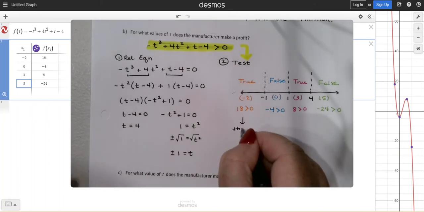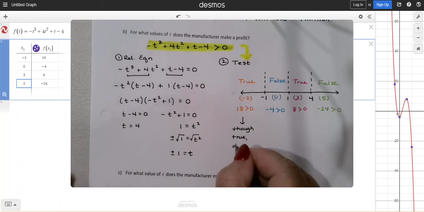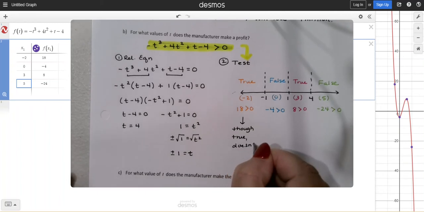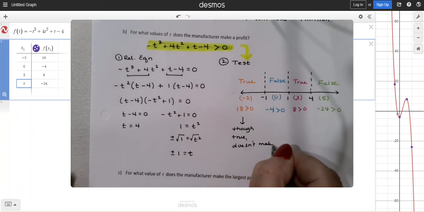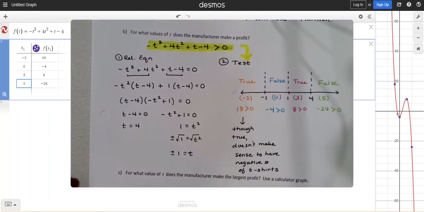So I'm going to say, though true, it doesn't make sense to have a negative number of t-shirts. So I'm basically going to ignore that part of the solution because it's not realistic in terms of this problem.